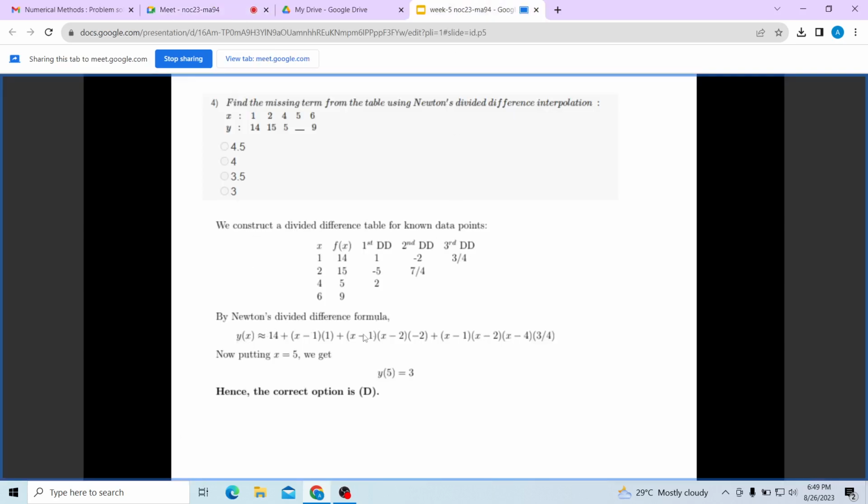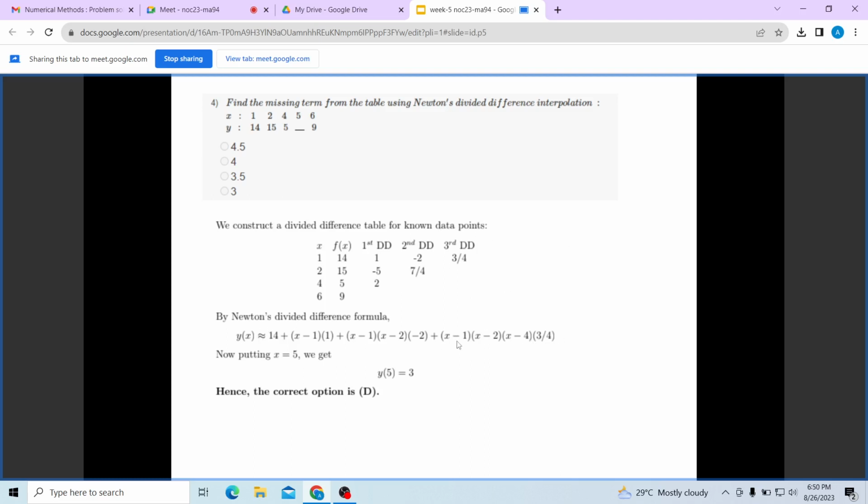So Newton's divided difference formula is y of x equals y naught plus x minus x naught into the first divided difference value, that is 1, plus x minus x naught, that is 1, into x minus x1, that is 2, into second divided difference value, that is minus 2, plus x minus x1 into x minus x2 into x minus x4. Okay, into the third divided difference value, that is 3 by 4.